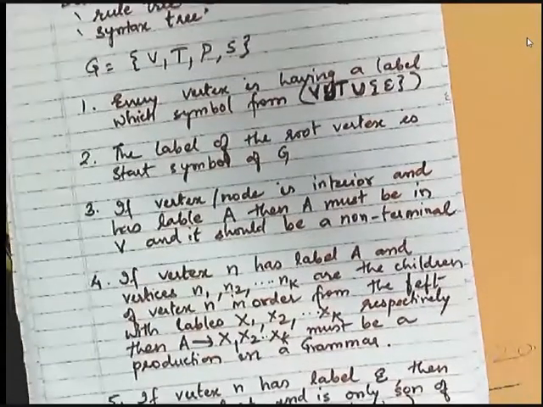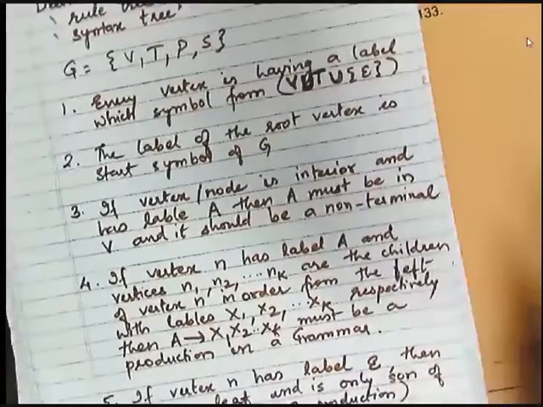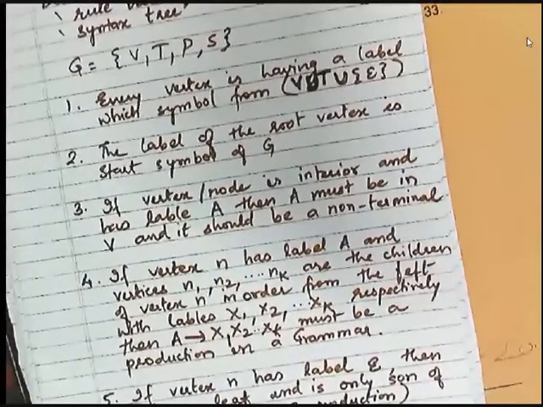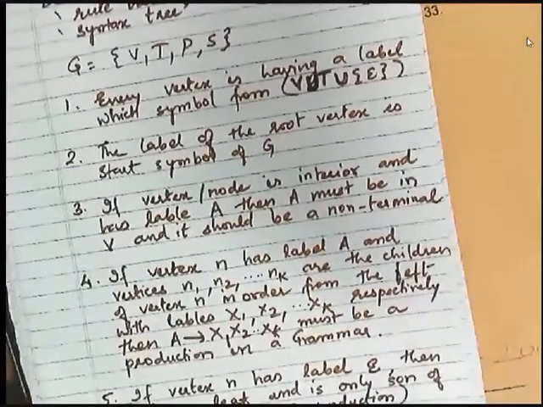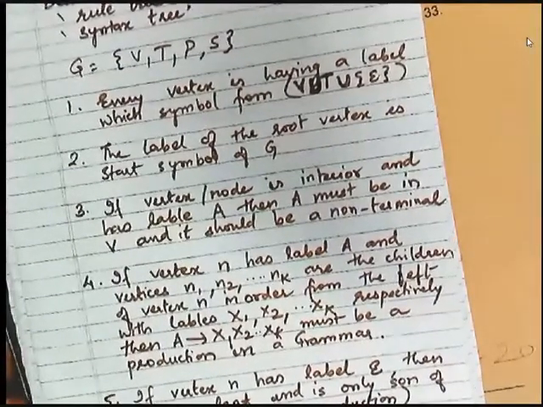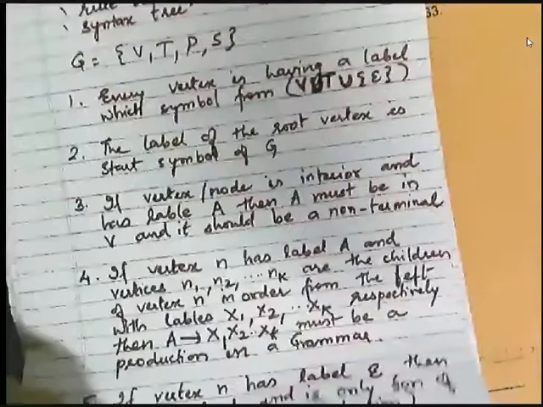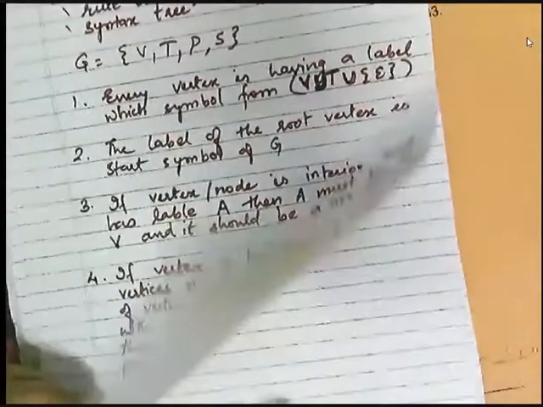So if you read it, you will clearly understand what it means. Now with the help of one derivation tree, for the same example, we will draw a derivation tree, and you will find it is so simple how derivation is represented using the derivation tree.